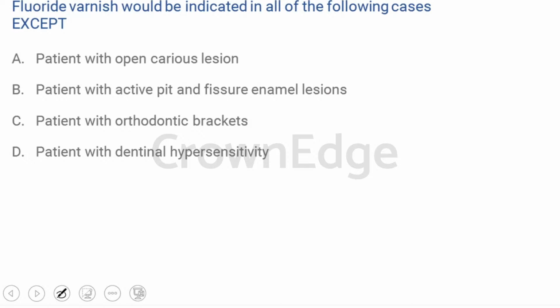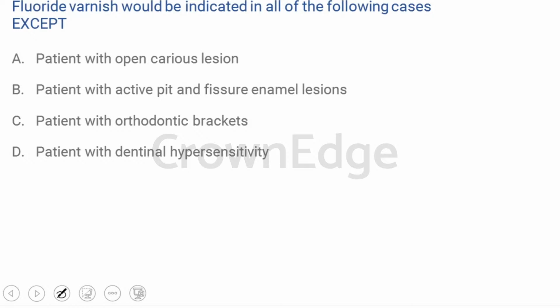Fluoride varnish is another version of your topical fluoride application. Basically, you have added a liquor, which makes it very sticky. Fluoride varnishes are very sticky because of this, and they tend to stick onto the tooth for a longer period of time.